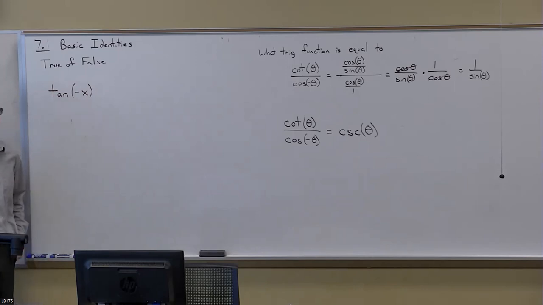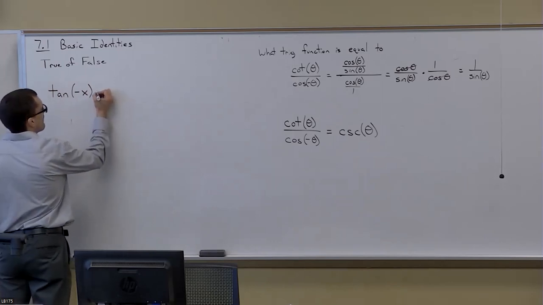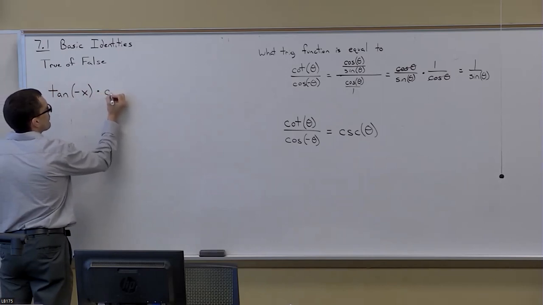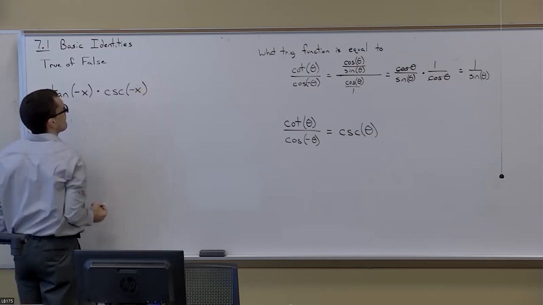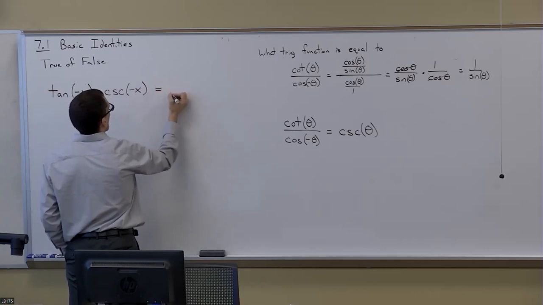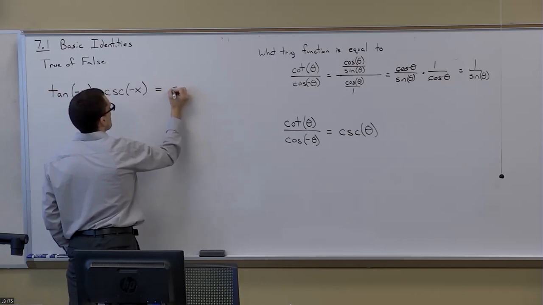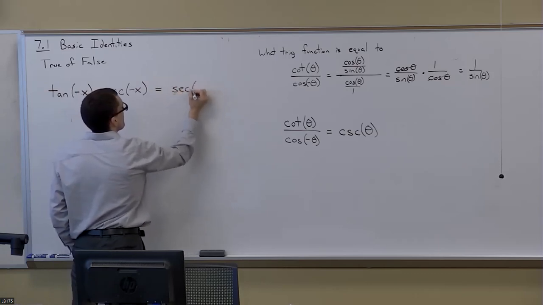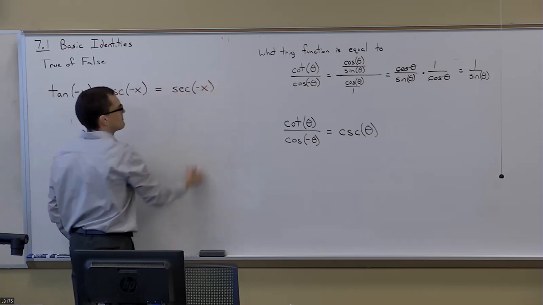If I do tangent of negative x, and I multiply times cosecant of negative x, I end up with a secant, I'll say of negative x too. True or false?